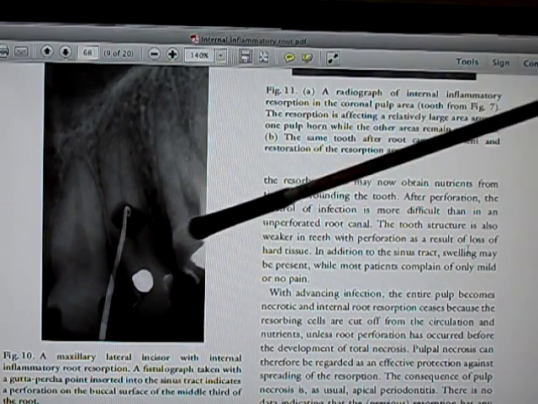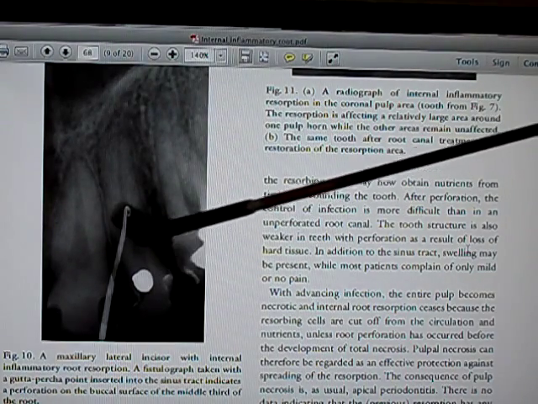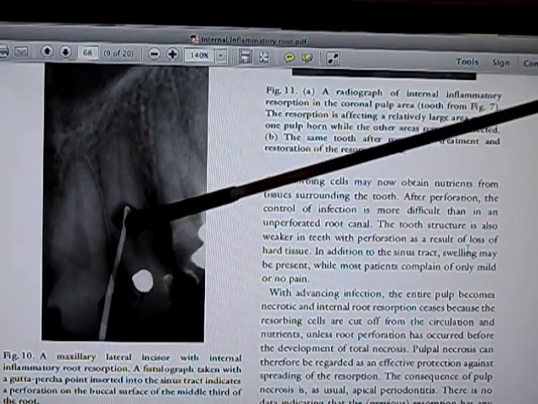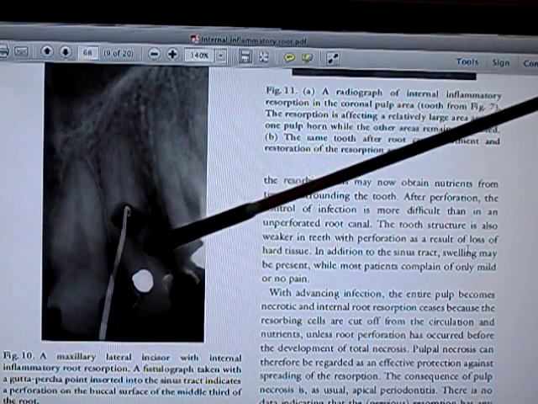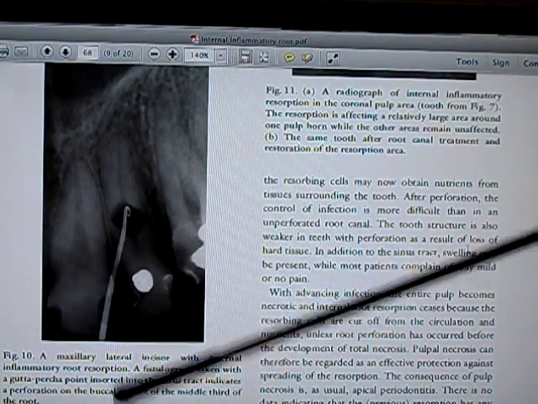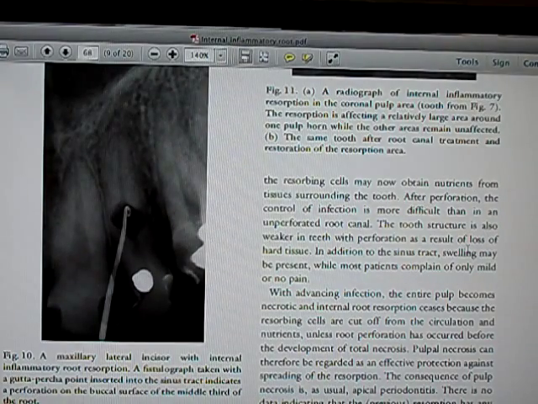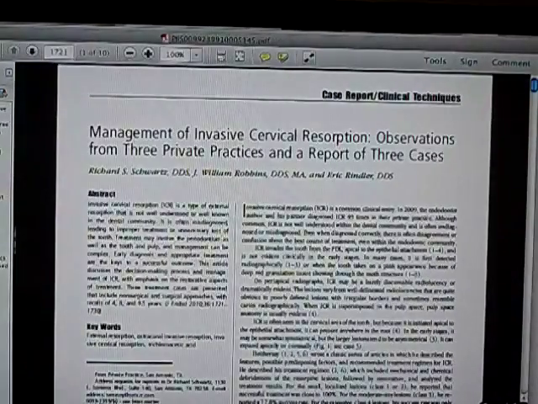So in this case, probably got necrosis here, dead gunk here, perforates through the buccal plate, or maybe this is palatal, I don't know. Now they got a fistula, they traced it with a gutta-percha point, and sure enough, there it is. Okay, enough on that.